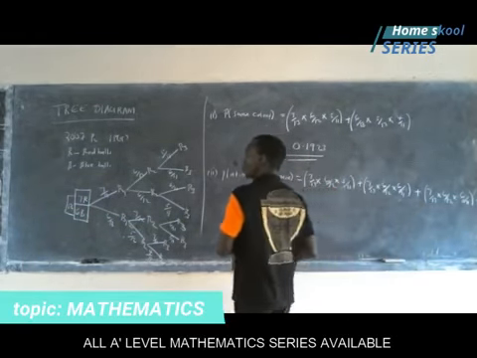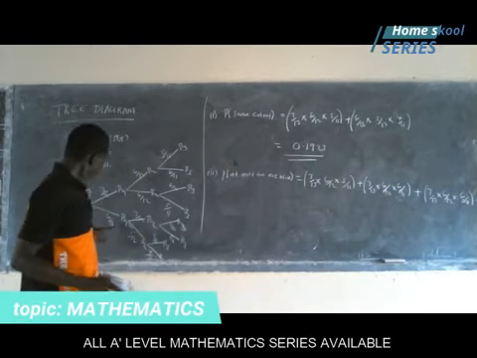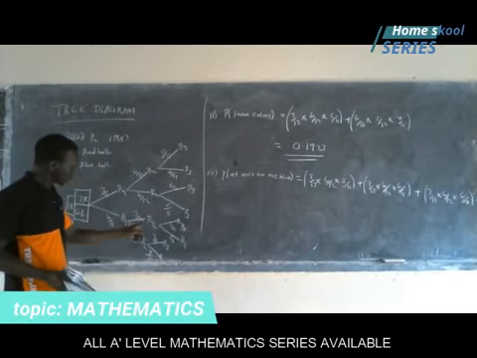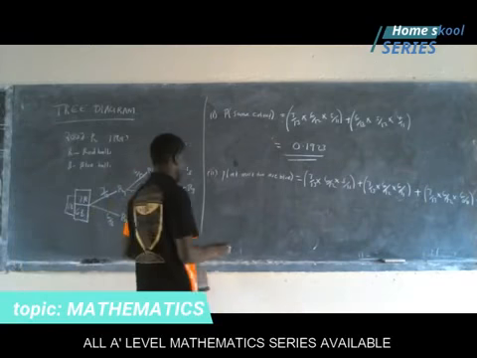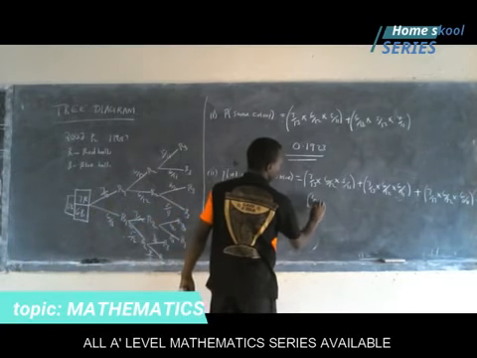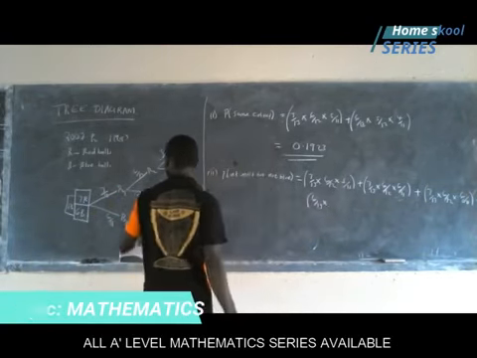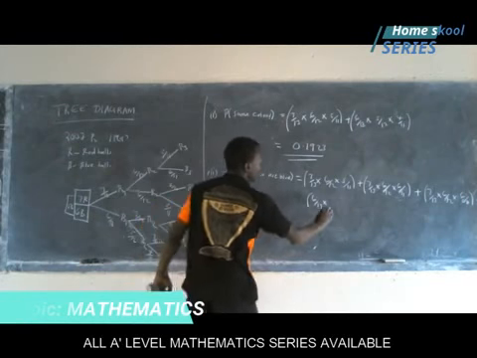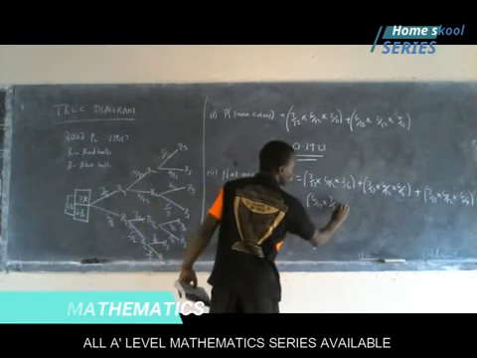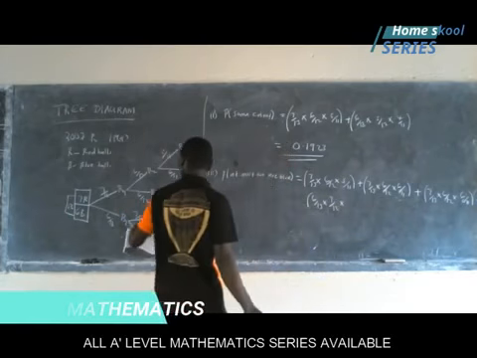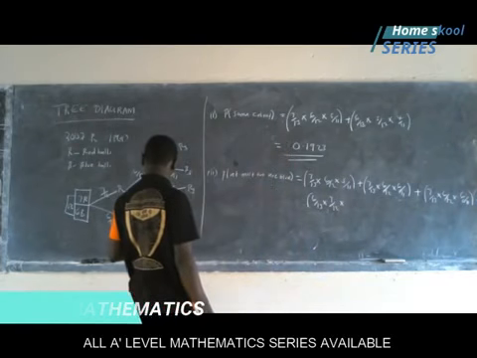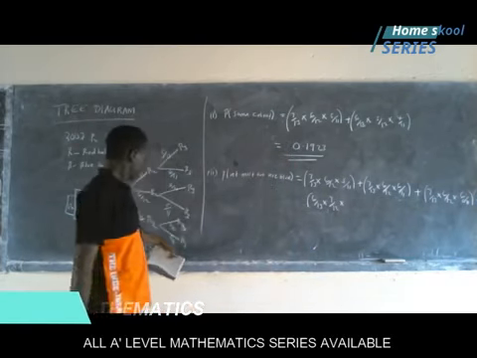Then still 1 blue, it can be 1 blue, this, and that. That is 6 over 13 times 7 over 12 times 5 over 11.